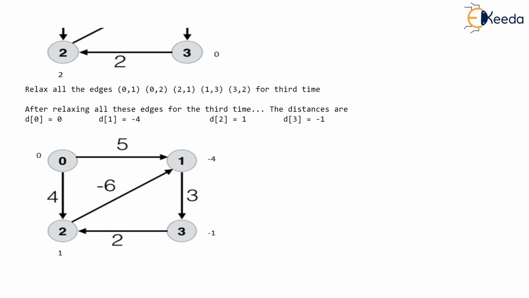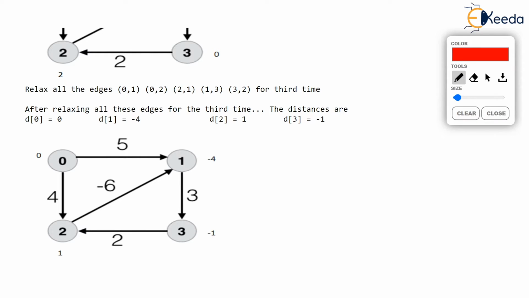Now, actually, Bellman Ford algorithm should give the answer after 3 updations. I hope you are understanding why we are updating all the edges or relaxing the edges exactly v minus 1 times. Now, listen, if there are 4 vertices in our graph, just imagine, then what can be the longest path from source S to any vertex?